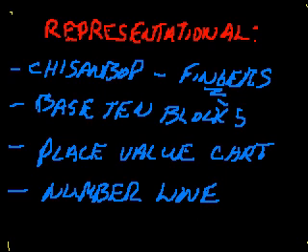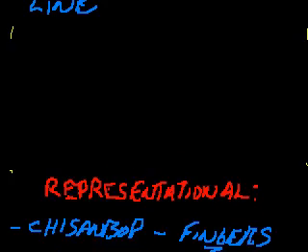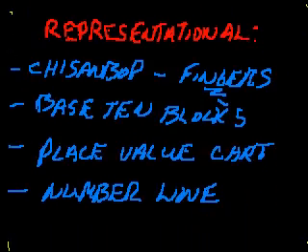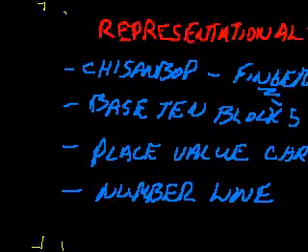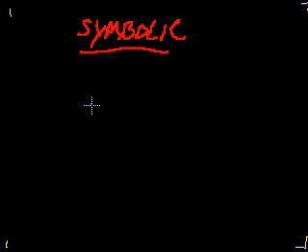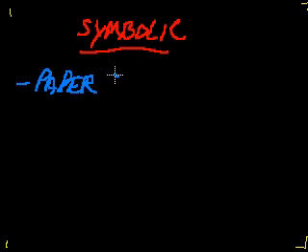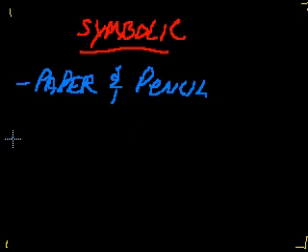Good. And let's take a look now, if we could, at the symbolic manipulatives. And quite frankly, by the time we get to symbolic, we are talking about paper and pencil. The kids that seem to get it. But keep in mind, it's really important to keep them on track such that they're not just focusing on the numbers.